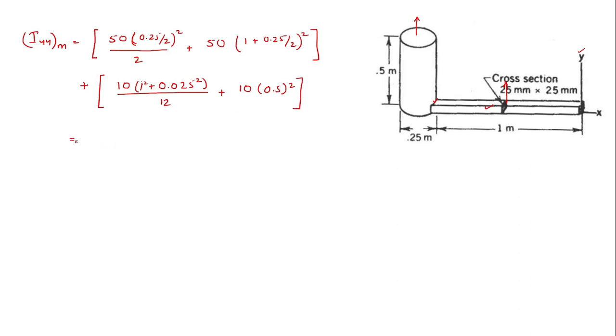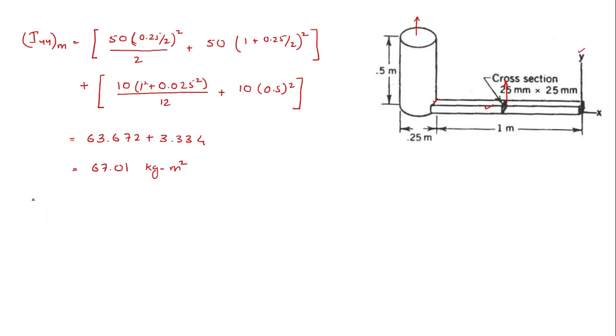So if I solve this, I would get 63.672 plus 3.334, which will be equal to 67.01 kilogram meter square. I had expressed all the corresponding values in meters.